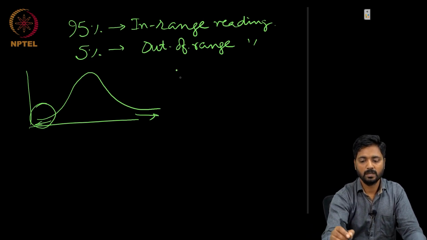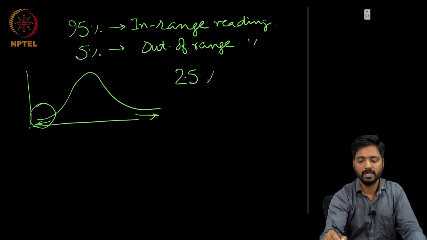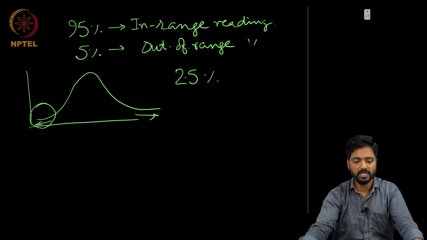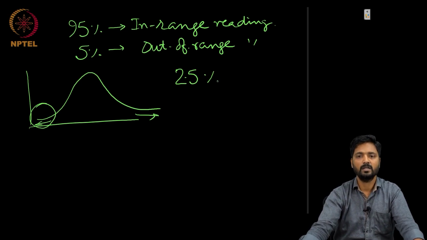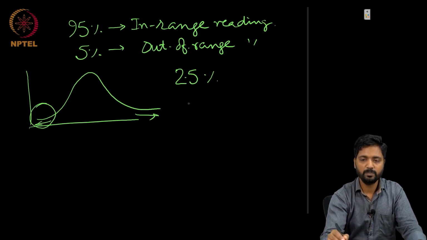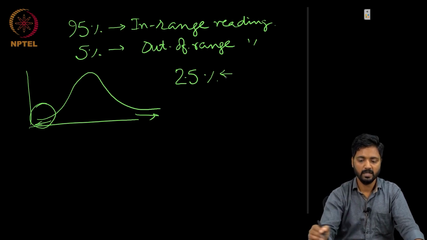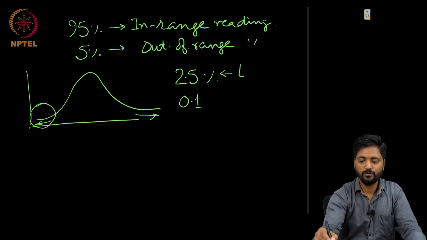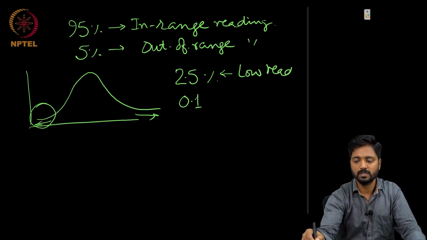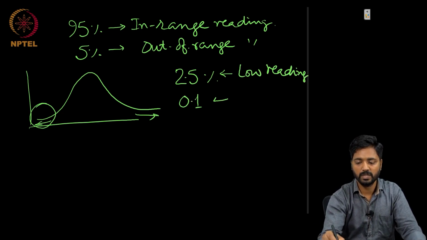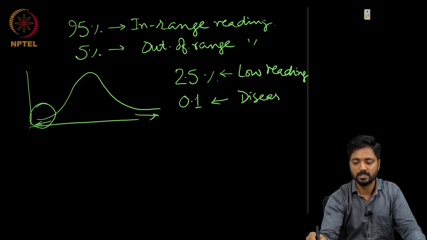So in other words, there is only 2.5% population that will give out a lower reading than the normal values. Now this 2.5% population is that which will give out a low reading, and only 0.1% population will actually have the disease.